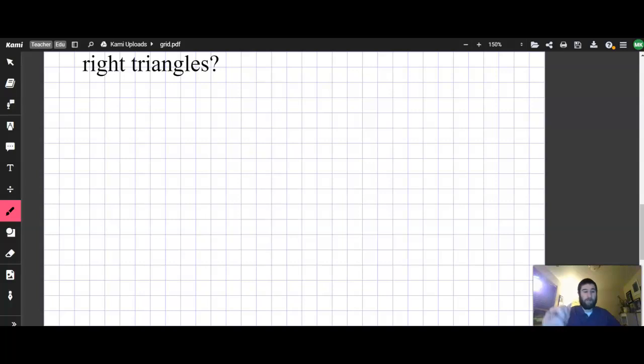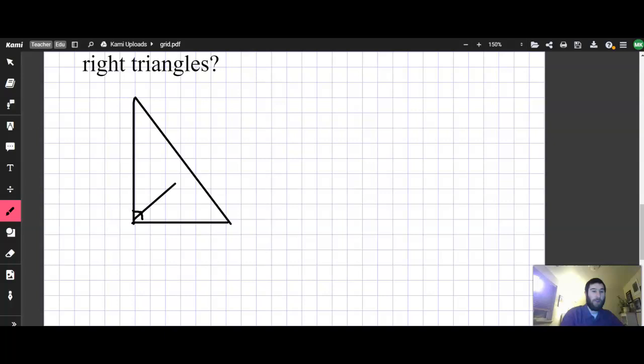And so, here we go. That's not a straight line. There we go. That's a much more straight line. 1, 2, and 3. Fantastic. There's our right angle. Here's our altitude. Boom. There's 90 degrees. There's 90 degrees. Wonderful. And ladies and gentlemen, we know this side is 12. We know this side is 9.